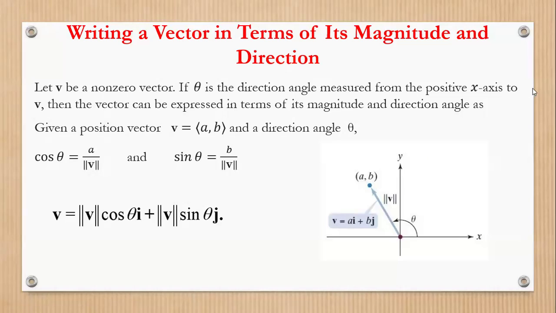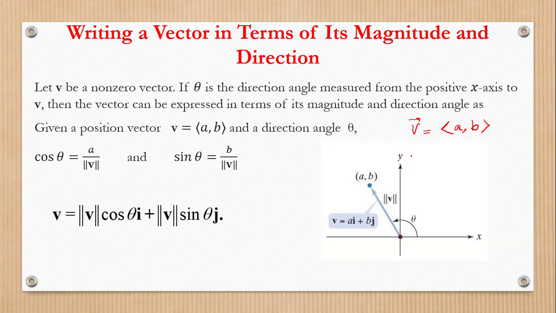We learned so far how to write a vector with its components or in terms of i and j. So when we have, for example, vector v, if you want to show it with the components, we show it with the two components a and b, where a is a number along the x-axis and b is along the y-axis.